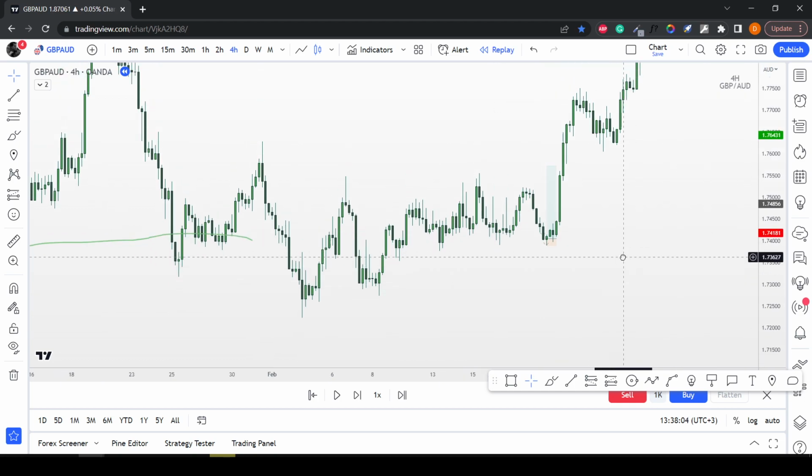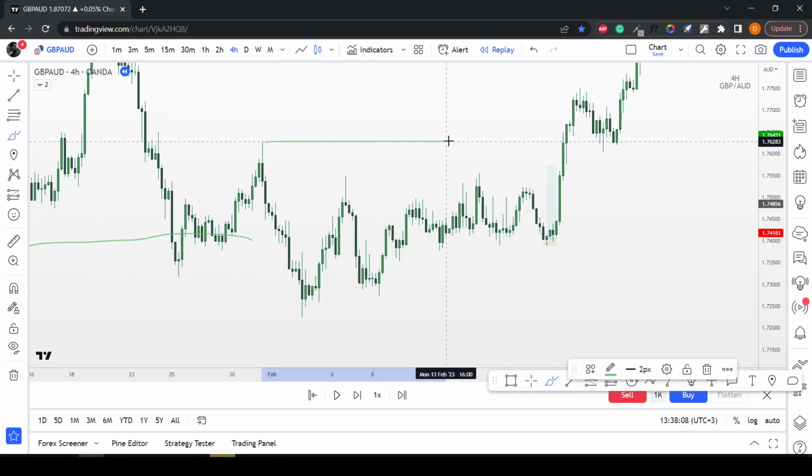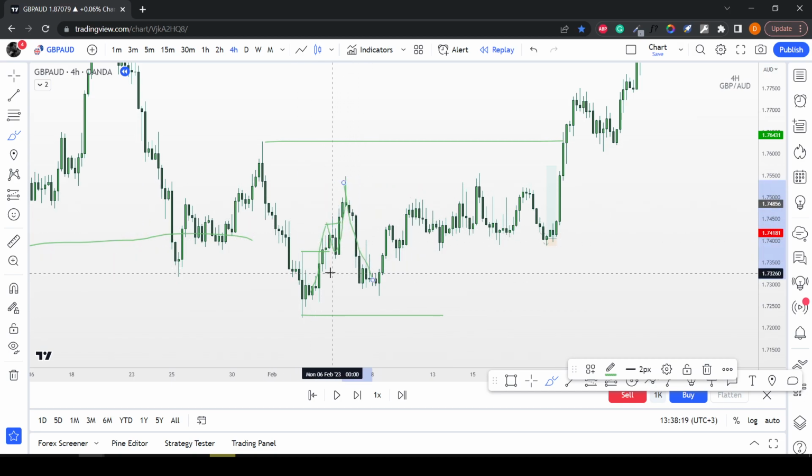Before that, the price created this huge down push on 4 hours, and then started to create inside structure shifts once, twice, creating a reaccumulation on an internal basis, mitigated this refined zone, and then started to build this up move on 4 hours.